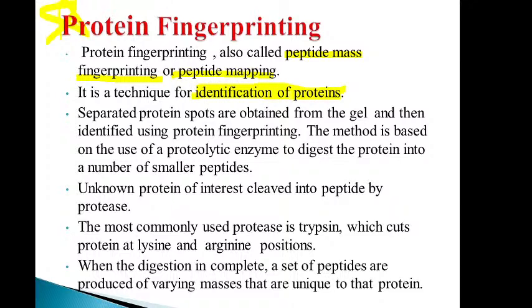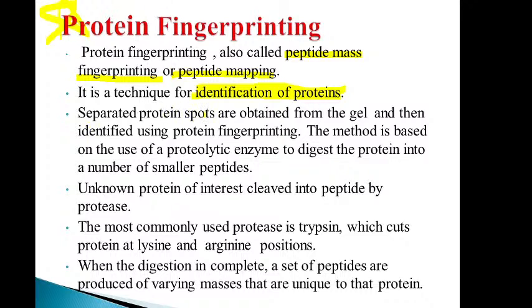Like when we are using DNA fingerprinting, our main focus is on the DNA. Like there is some crime, some murder, we are just focusing on collecting the sample, and we focus on the DNA because everyone's DNA is unique. But when we are doing protein fingerprinting, our main focus is on the identification of the protein.